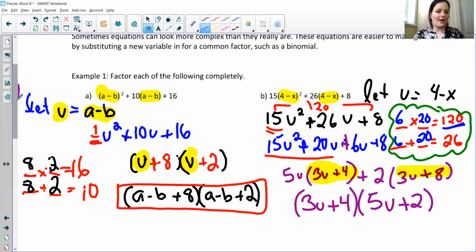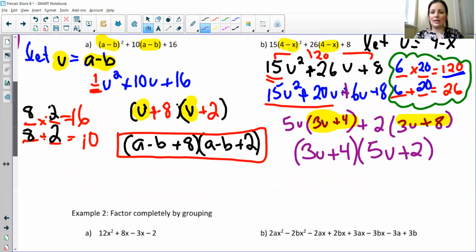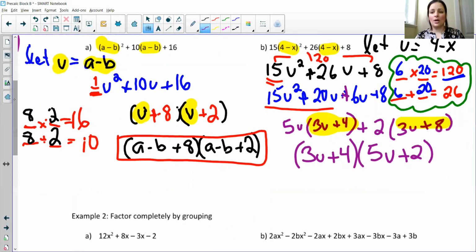So we always double check our final answer to see, can we factor out any more? And we cannot, but we also double check it to see, have we replaced what we substituted in for? So we substitute u for 4 minus x. We have to put that 4 minus x back in. And because it has a coefficient in these binomials, we need to be careful with our brackets.